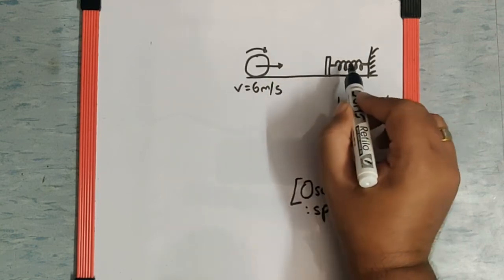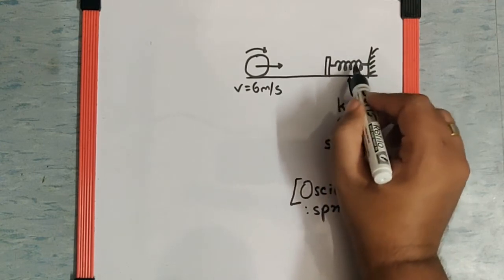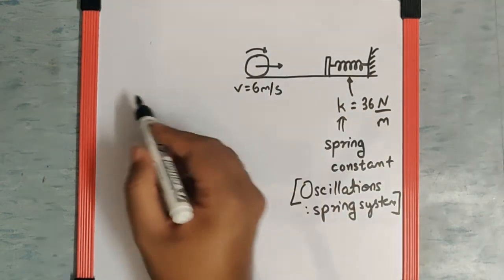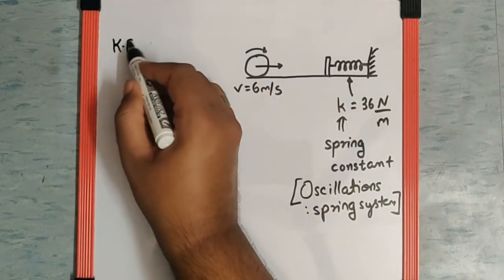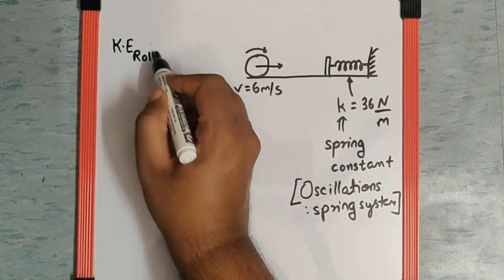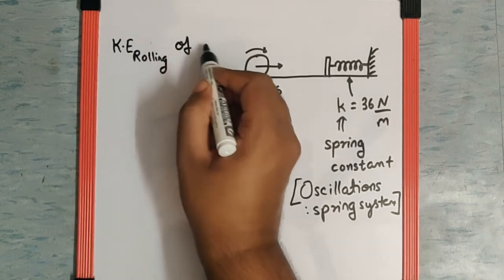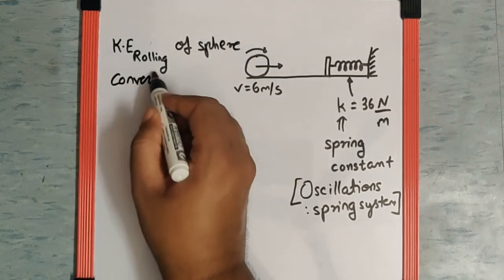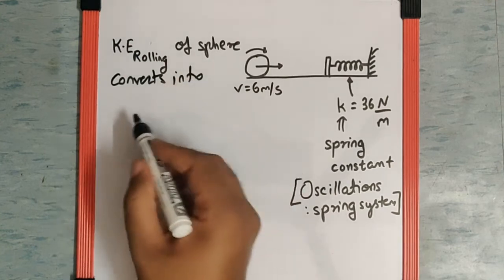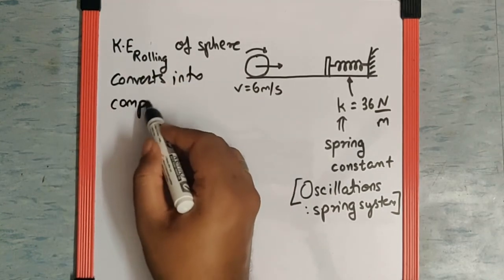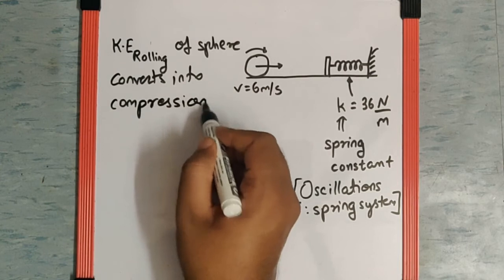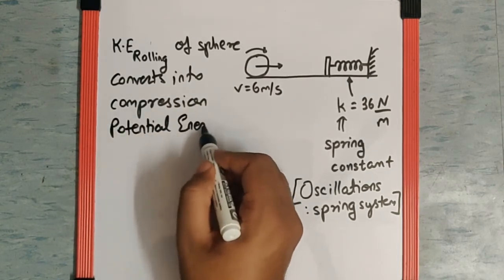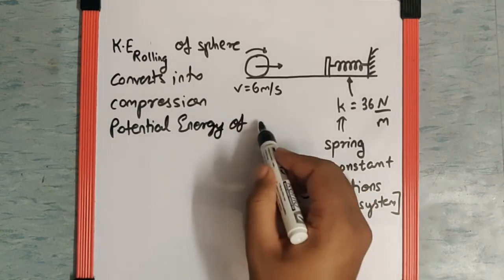At the maximum compression possible, the sphere will stop rolling, which means the rolling kinetic energy of the sphere converts into compression potential energy of the spring.